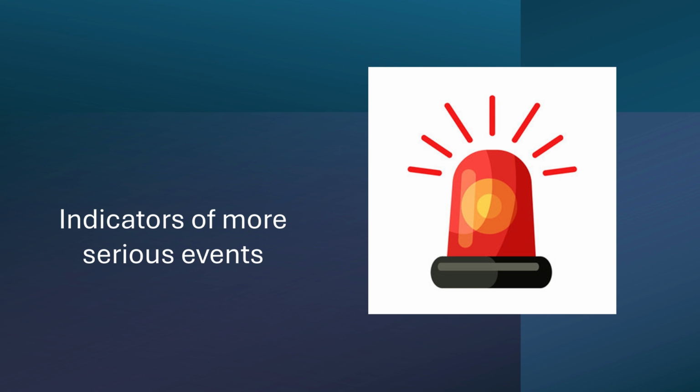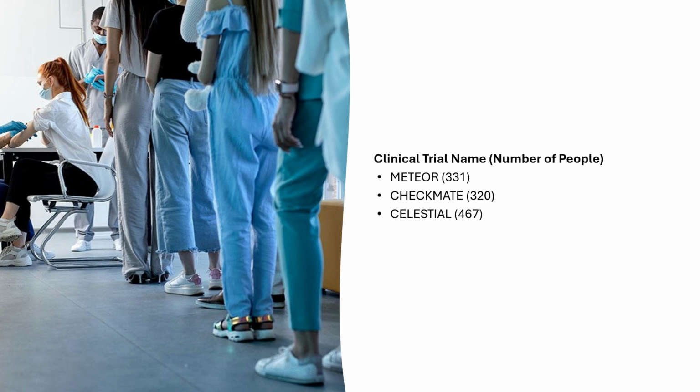And the percentage ranges that you are going to be seeing next to these events are taken from 3 clinical trials with groups of 300 people or more. Some of these symptoms with only 1% were only measured in 1 clinical trial.